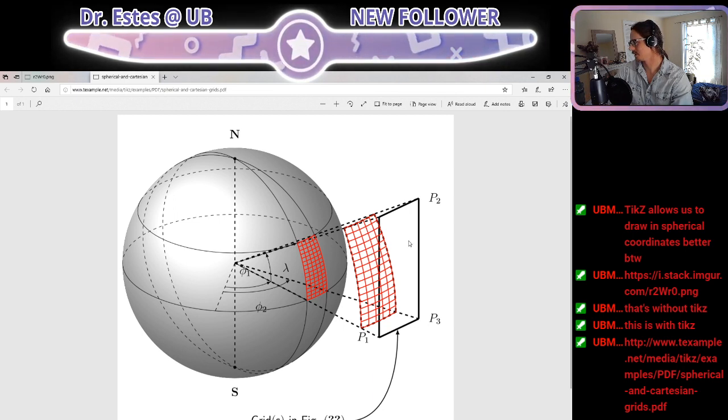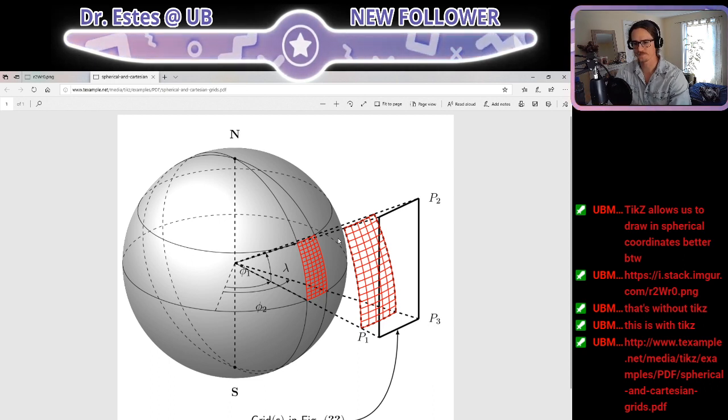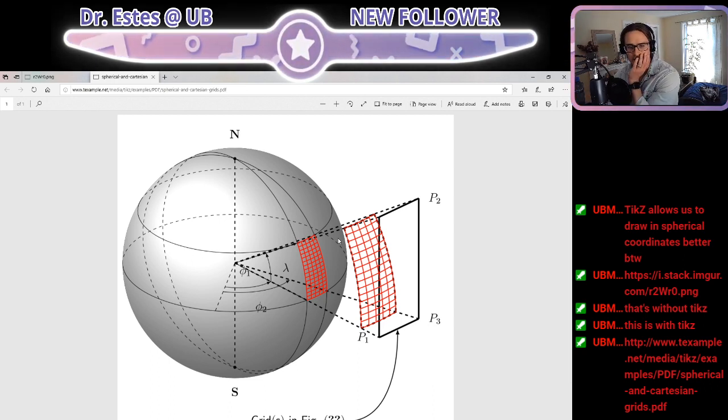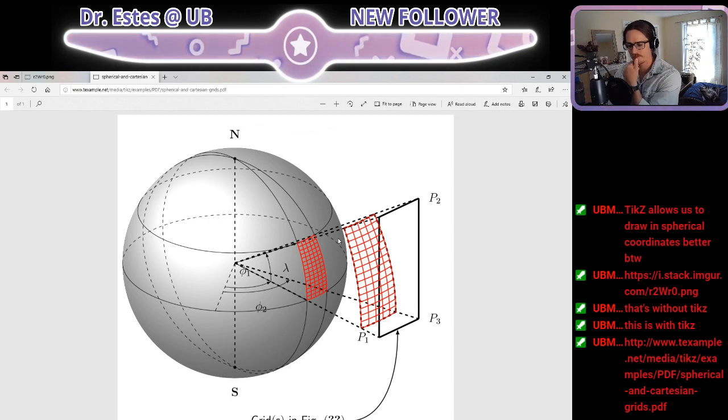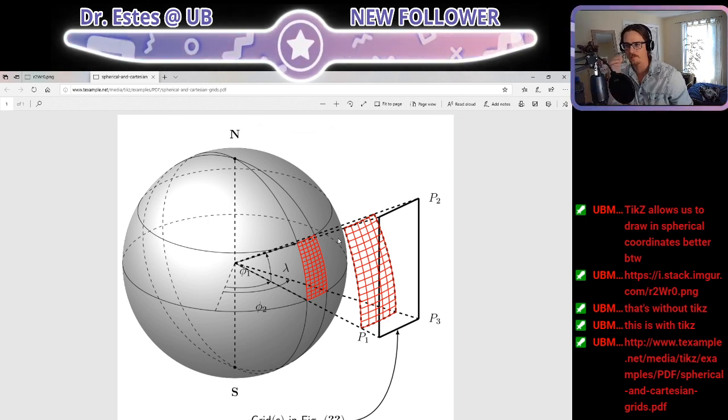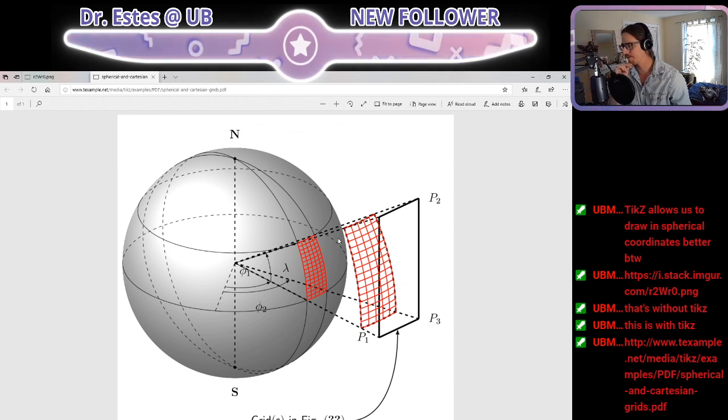Okay. That does look nice, but I guess something like this, you need a computer program to draw it. This is a good use of that. I can't fault you for that.